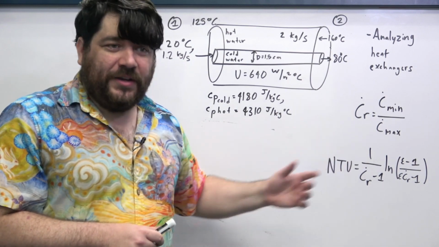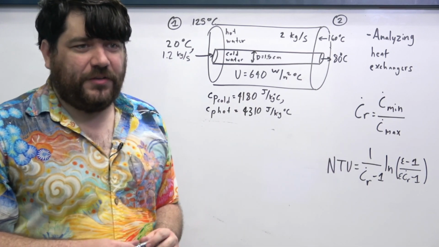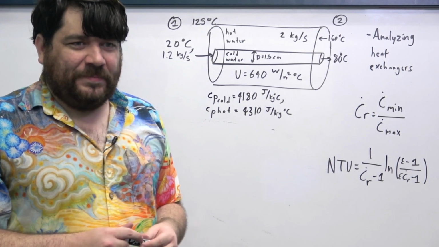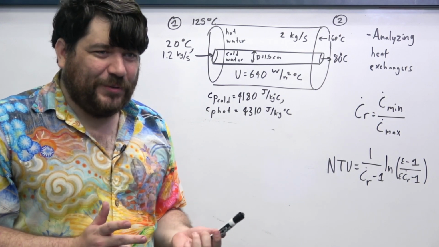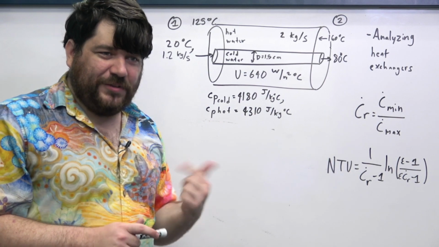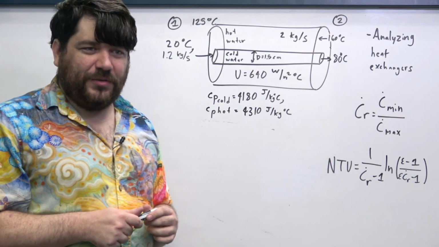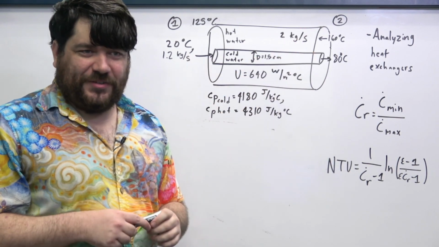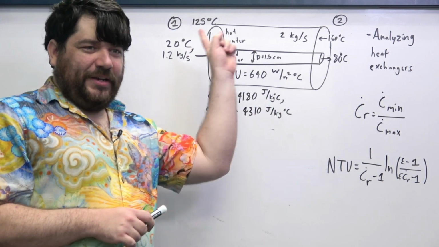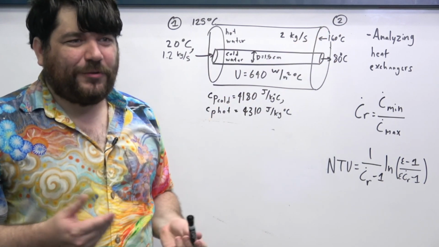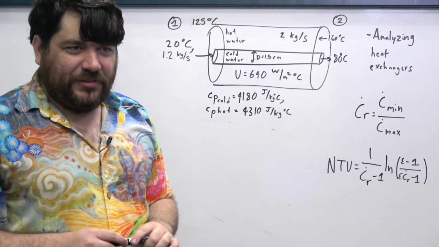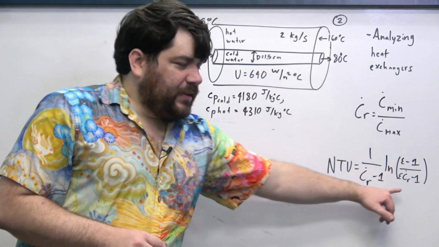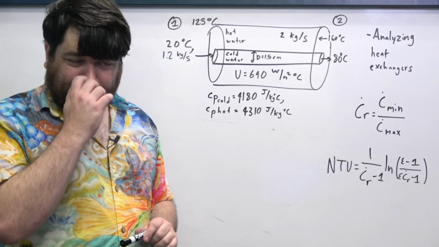Of course, this equation changes if the geometry of the heat exchanger changes, all right? In fact, the only reason that we were able to do the method that we just did was because the geometry of this was so simple that we could model this as a straightforward counterflow heat exchanger and define these locations. If this had been like a crossflow heat exchanger, all hell breaks loose. Either way, this is the equation that we're going to use.